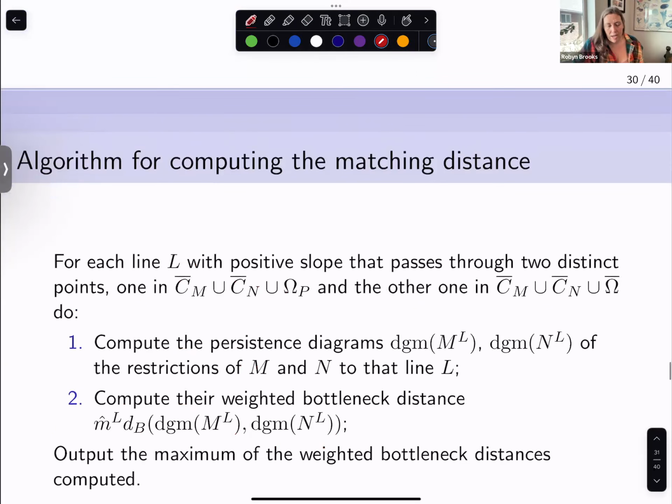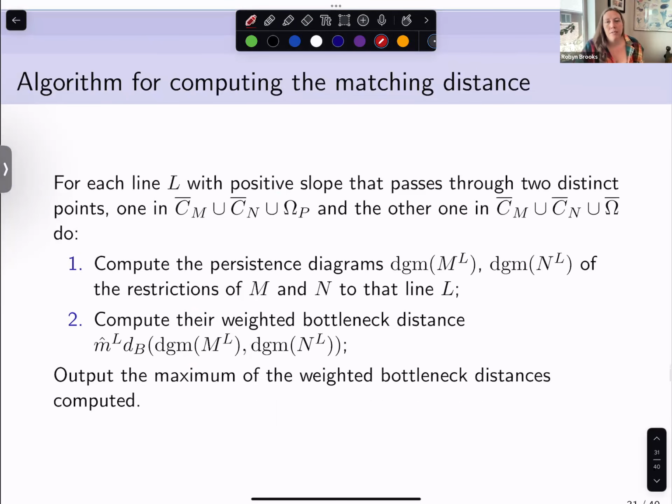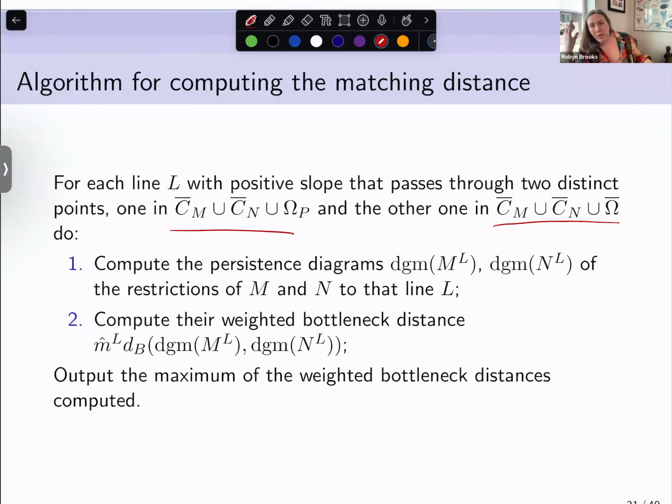But once we have this set of switch points, we determine our finite set of lines by generating lines that pass through two distinct points. The first is passing through a critical value or a proper omega point, so a point in the plane. The other can also pass through a critical value, a proper omega point, or it can pass through one of those omega slopes.